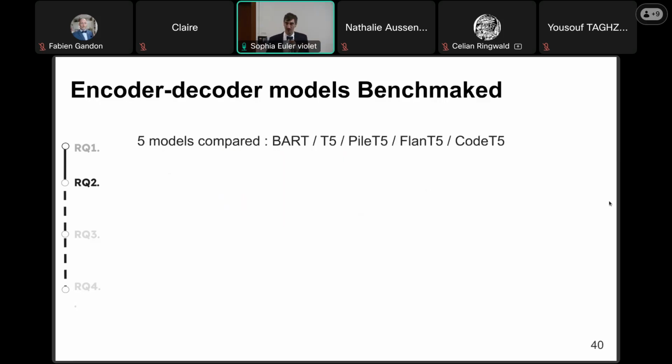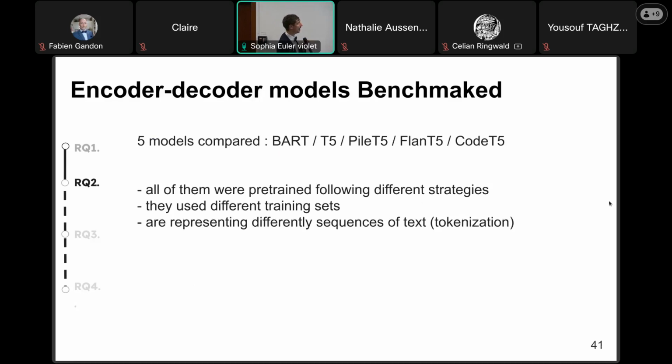So about the fine-tuning, that comes to the models. We benchmark here 5 encoder-decoder models, namely BART, T5, PLT5, FLAN-T5, and CodeT5, that represent an interesting overview of these encoder-decoder models, since they are all pre-trained differently.